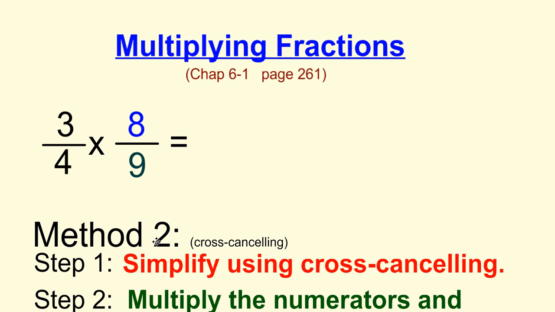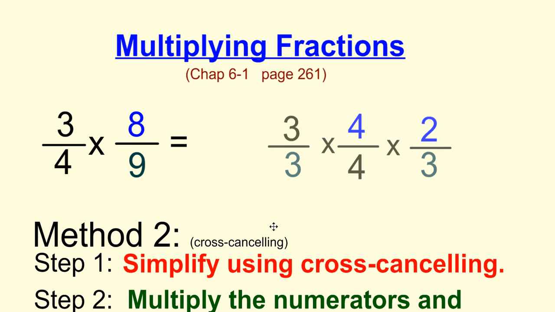So what is cross-canceling? We're going to factor a number out of the numerator and the denominator. What I mean by this, if we think of this problem as something like this example here, 3/3 is actually equal to 1, in which you would simplify this.